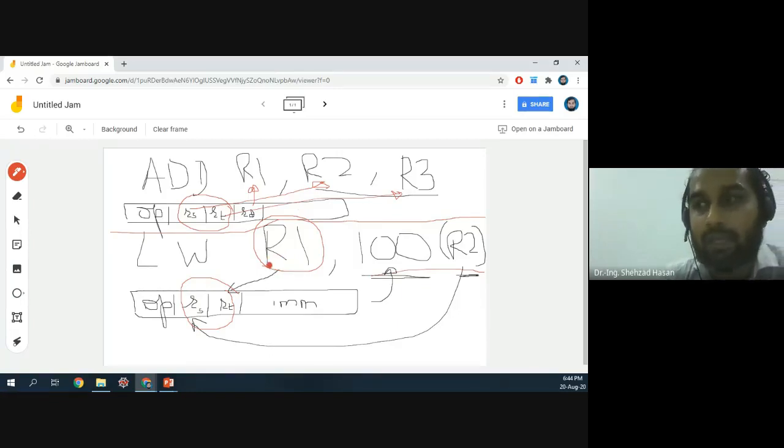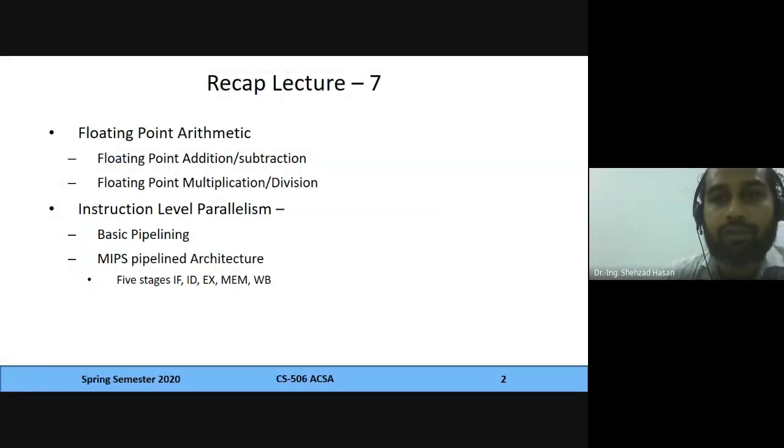But in the next stage, we are not going to use that. And so eventually in the last stage, we are going to override the value of R1 with something that has been fetched from memory. So this is what I wanted to say, that in the decode stage, you are going to read the register contents as well.